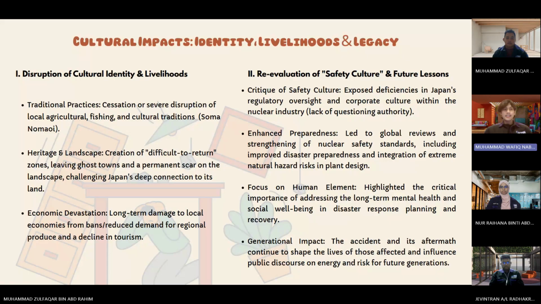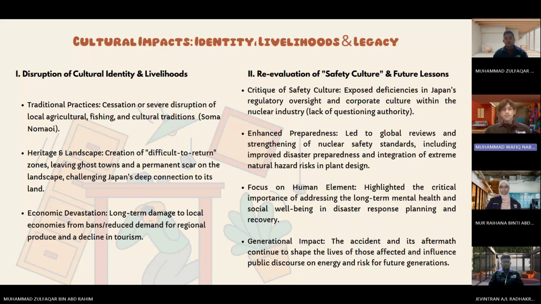And the third one is heritage and landscape, creation of difficult-to-return zones, leaving ghost towns and a permanent scar on the landscape, challenging Japan's deep connection to its land. Economic devastation, long-term damage to local economies from bans, reduced demand for regional produce, and decline in tourism.